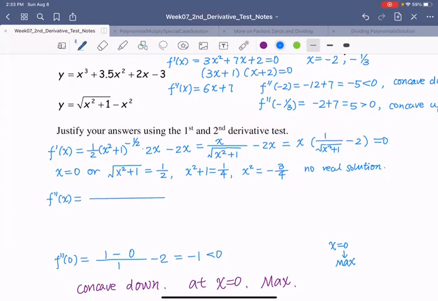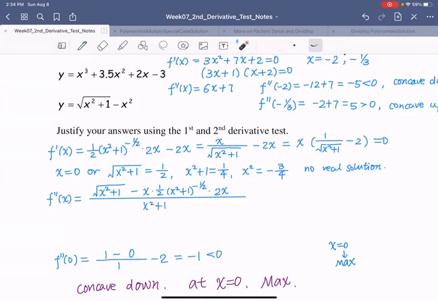The top one's derivative is 1 times the denominator, minus x times 1/2 times x squared plus 1 to the negative 1/2 times 2x. Very good. And then the denominator would be x squared plus 1. That's right.